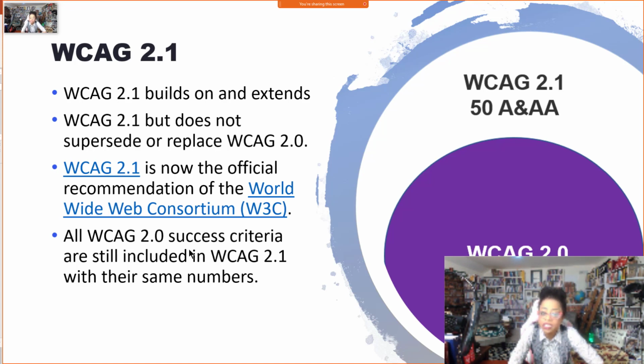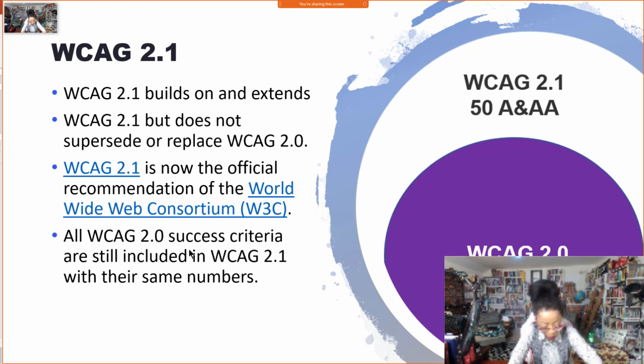So WCAG extends its recommendations from 2008. They went into 2.1 recently, and I'm not even sure if the federal government has fully adopted 2.1. We started working on it in 2008, so it's been a while. Content that conforms to 2.1 also conforms to 2.0, obviously, but it's not the other way around.